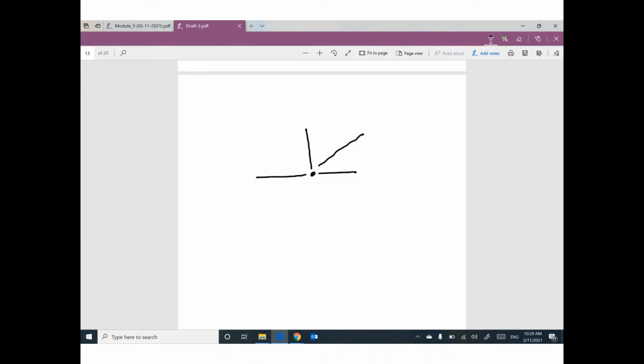Looks like this. This one is tension, this one is tension, this one is tension, this one is compression, for example. That makes sense? For any joint in truss, we have a force, a force, a force, a force.